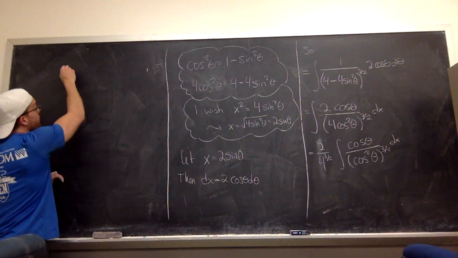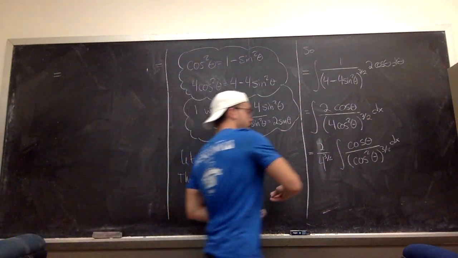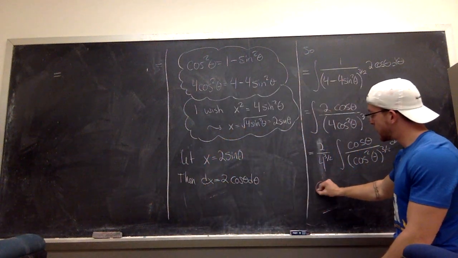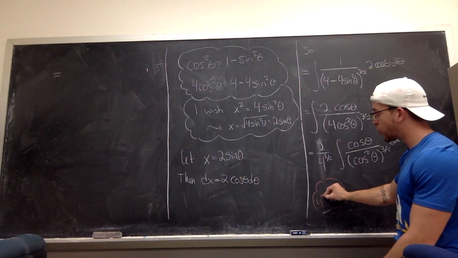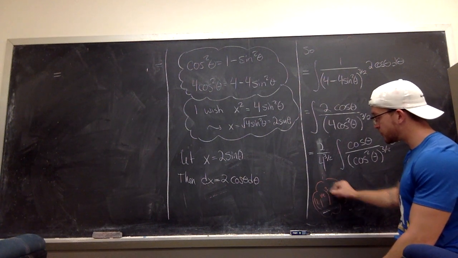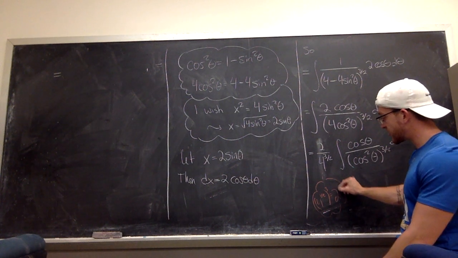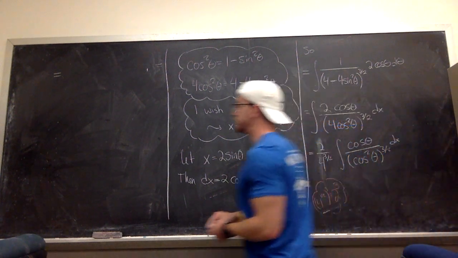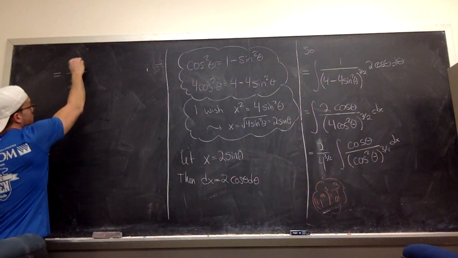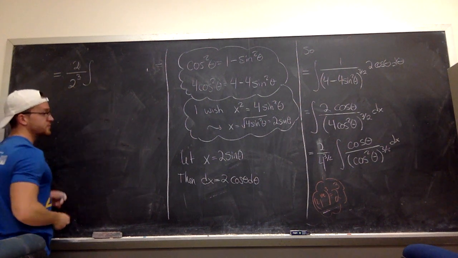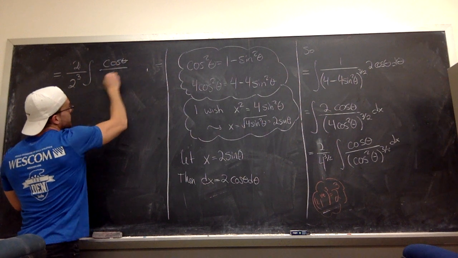So continuing from down there, the other thing we could do here with the constants is 4 to the 3/2 is like 4 to the 1/2 quantity cubed. 4 to the 1/2 is the square root of 4, so this is like 2 cubed. So we got a 2 over 2 cubed, cosine theta over cosine cubed.